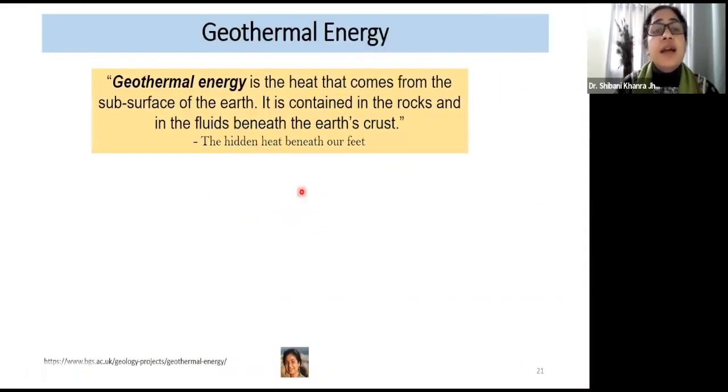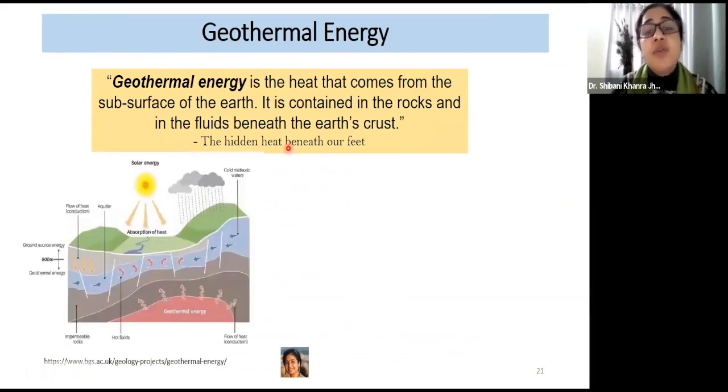Looking at that, let's try to understand why we promote geothermal energy. To understand that, we should understand what geothermal energy is. Geothermal energy is the heat that comes from the subsurface of the earth. It is contained in the rocks and in the fluids beneath the earth's crust.